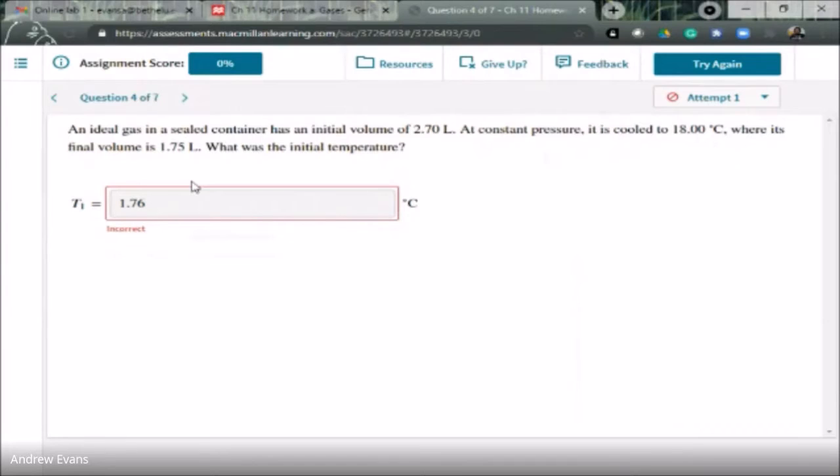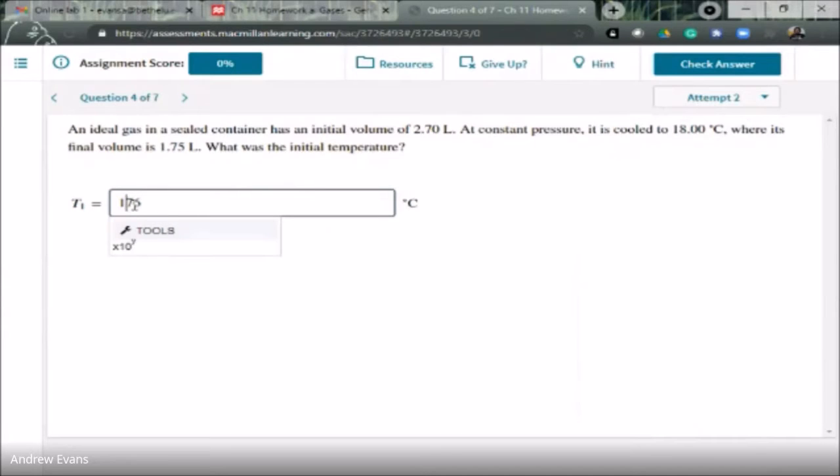Okay. See, just looking at what went wrong. Oh, geez. Good Lord. Easiest mistake in the world. I somehow put a decimal in there. Instead of 176, I did 1.76.